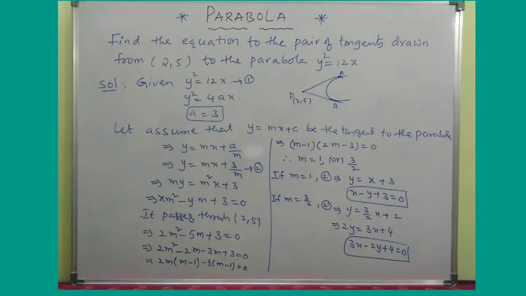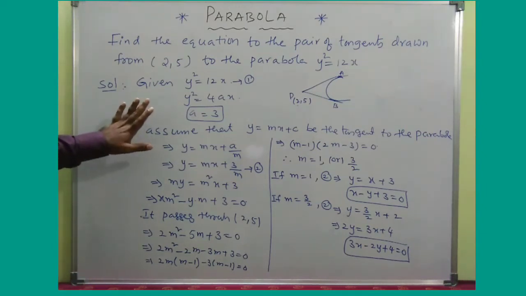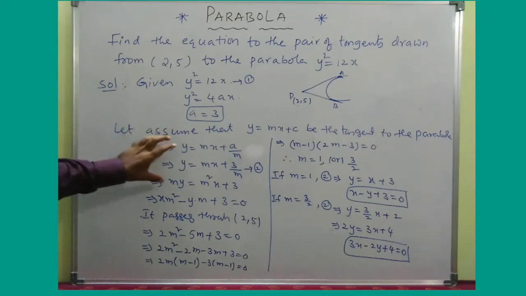So look, the first one is y is equal to x plus 3, which we can write as x minus y plus 3 is equal to 0. And the second tangent is nothing but 2y is equal to 3x plus 4, which is finally 3x minus 2y plus 4 is equal to 0. Do you understand? In method 1, using the condition s1 square is equal to s into s11, we get a combined equation of the pair of tangents. And here you see, there is no need to follow any formula, just a basic concept.